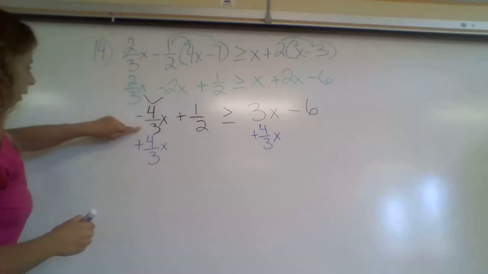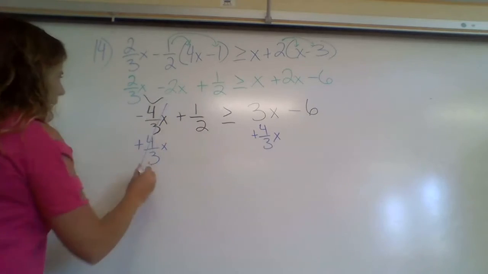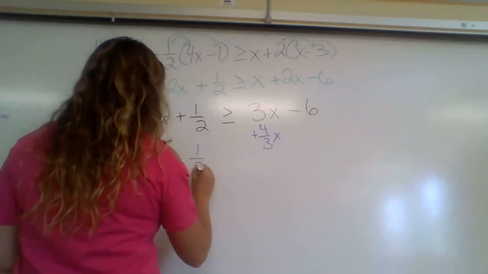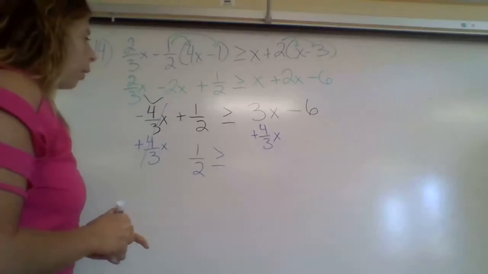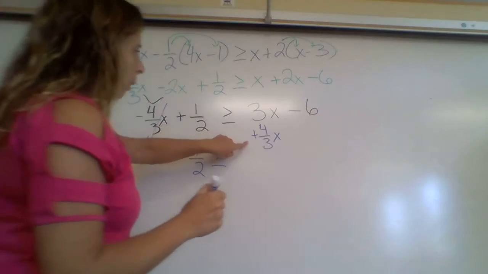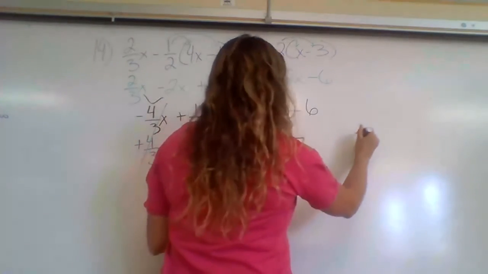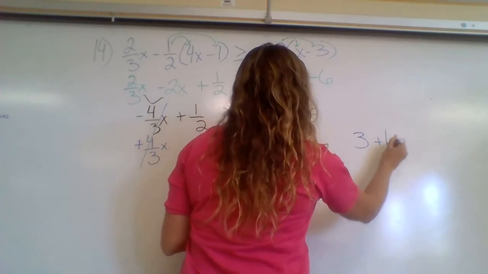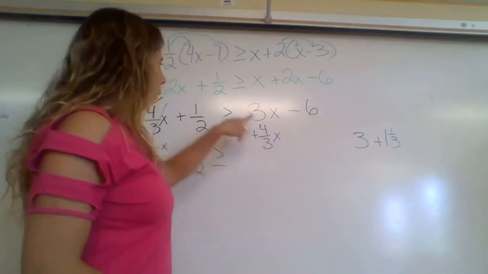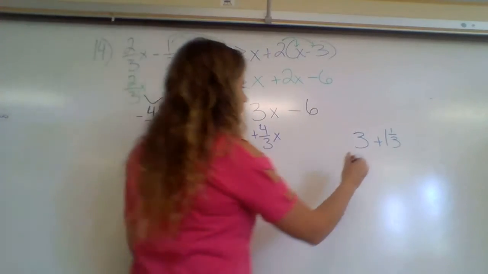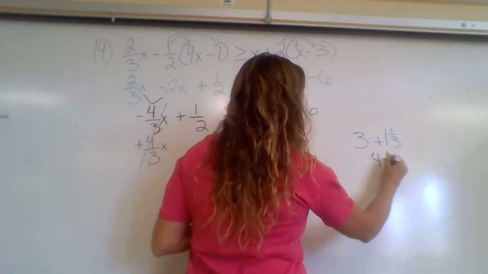Negative 4/3 plus 4/3 is 0. So on this side, I have 1/2 greater than or equal to 3x plus 4/3 x. So remember, this is really 3 plus 1 1/3. So then that would just be 4 1/3.